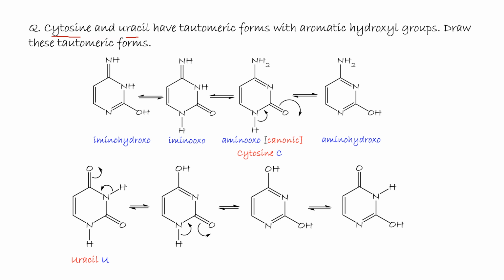Draw these tautomeric forms. Looking at cytosine, this is the canonical form which chemists use often. Now we can move the 2 electrons in here, getting a hydroxy group as substituent.